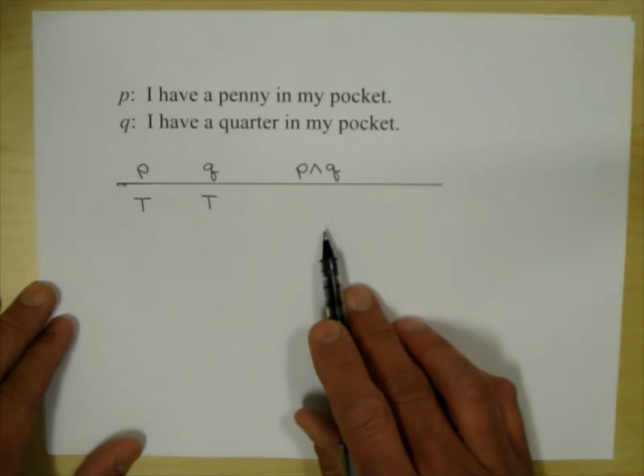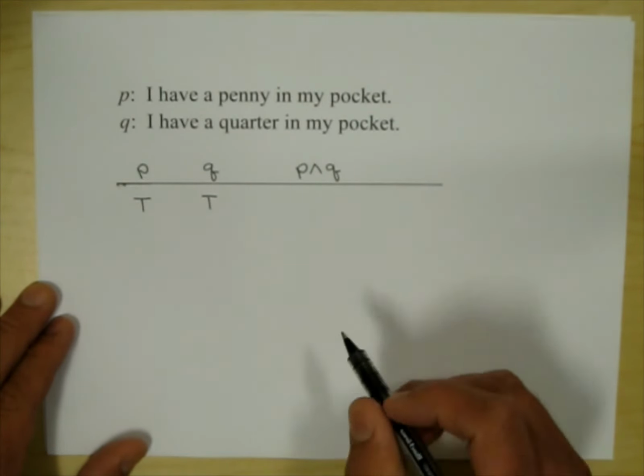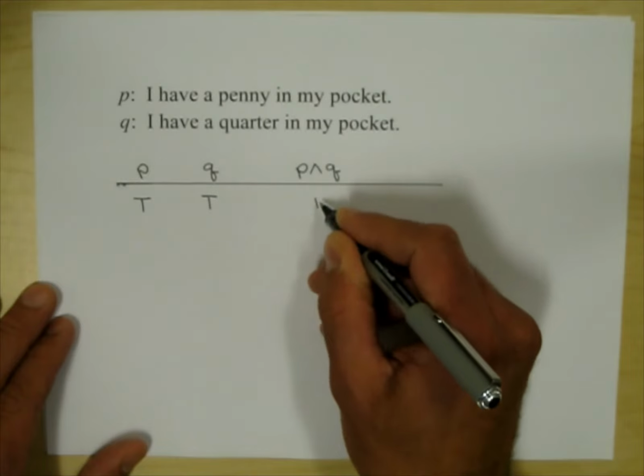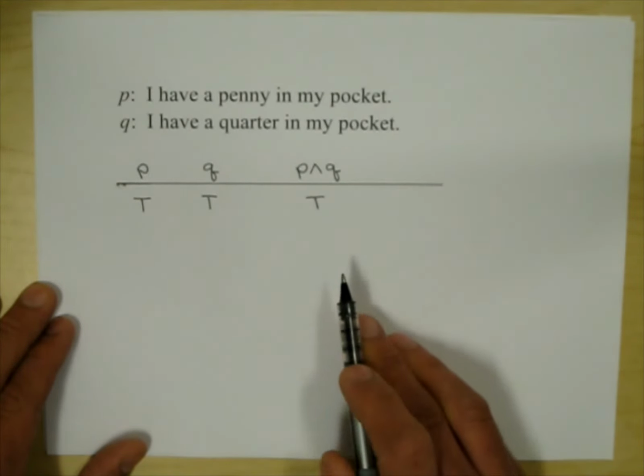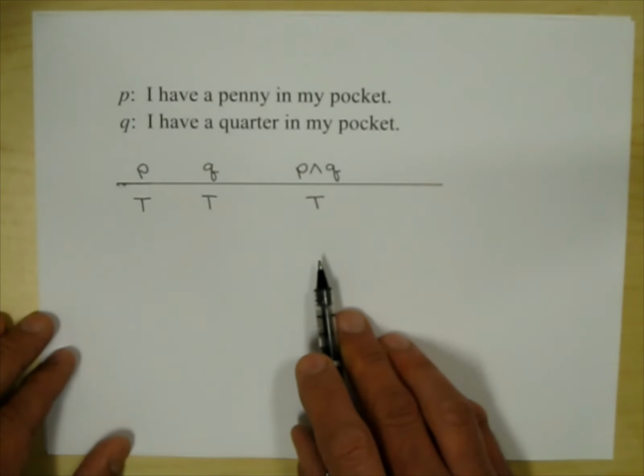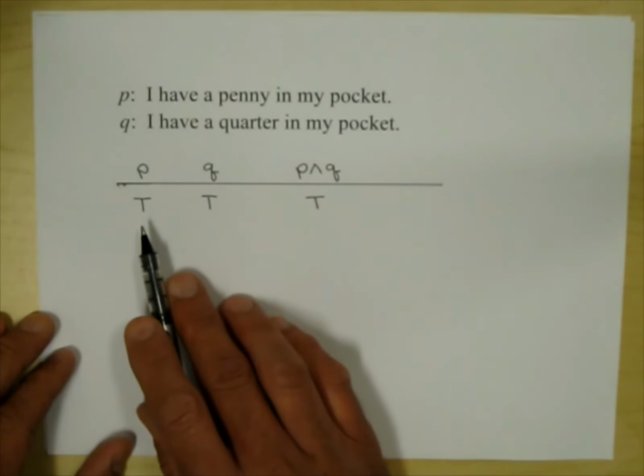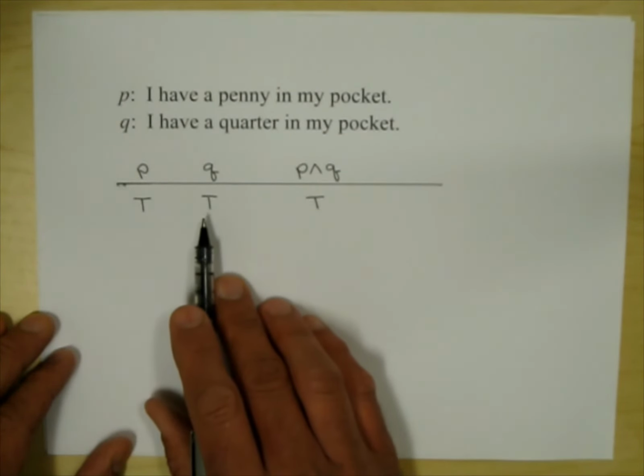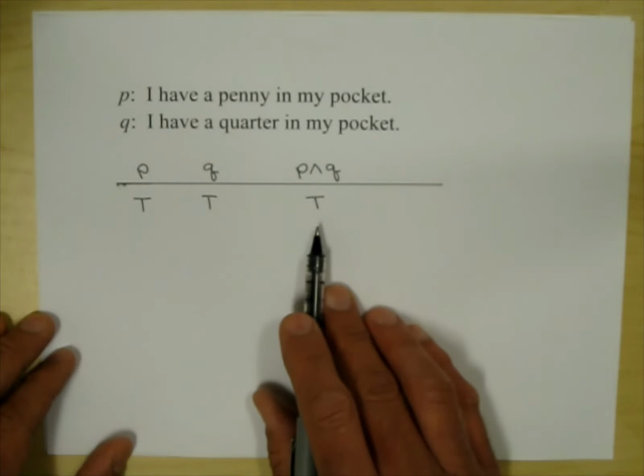And the answer is, yes, I am. So true and true gives me a true. So we're going to actually learn logic arithmetic today. Kind of like when you learned 1 plus 1 and the answer was 2, we're going to do it like this. True and true equals true.